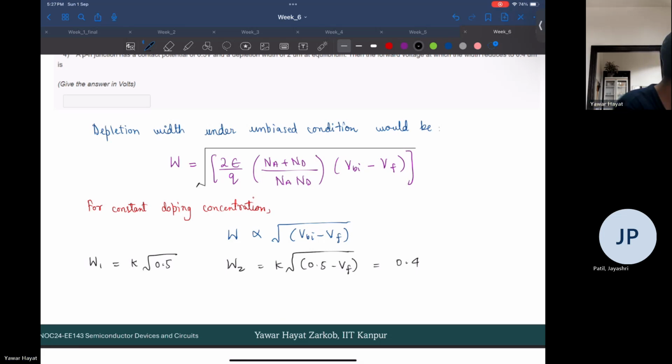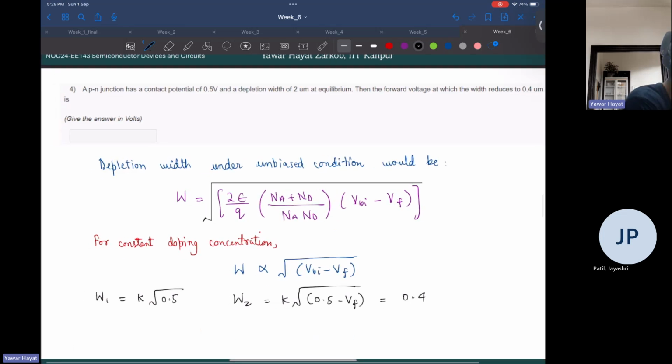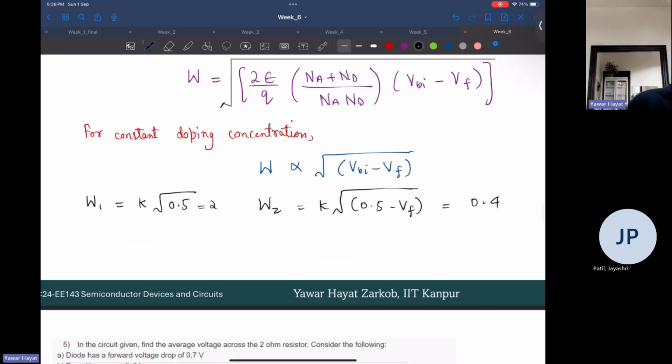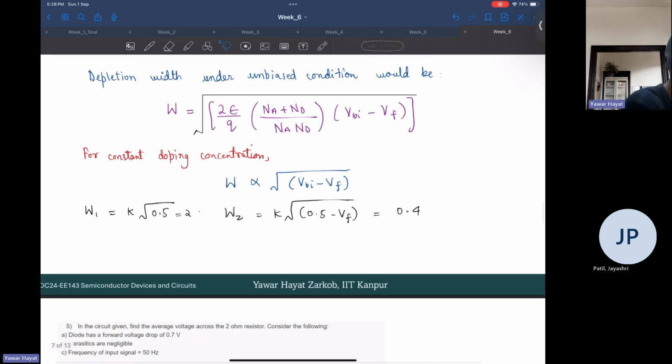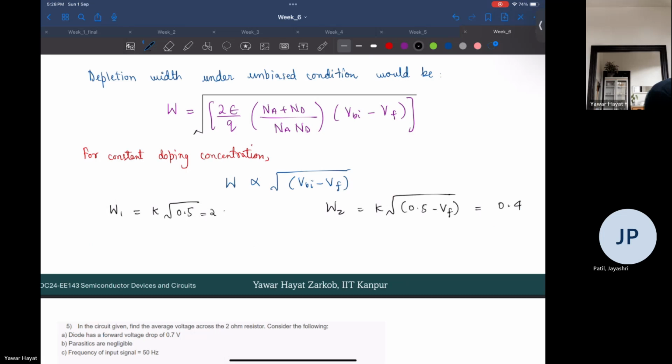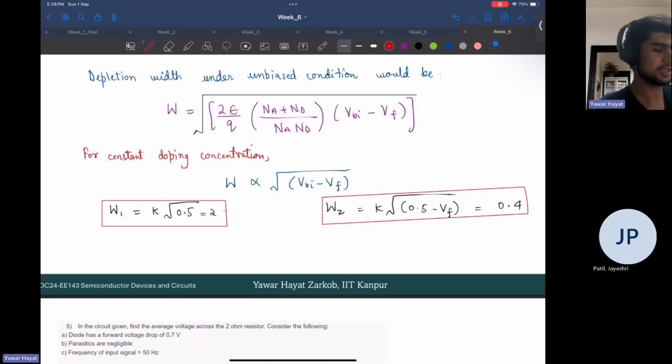W1 is also given: when no bias is applied, it's 2 micrometer. This is your W1, this is your W2.